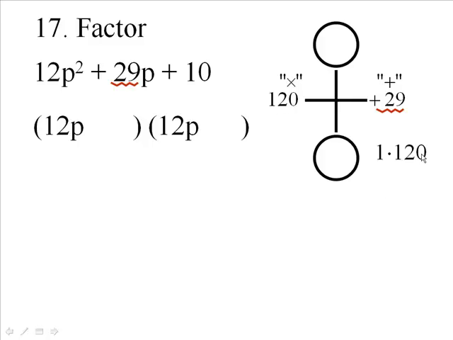Now I want to list all of the factors of 120. So 1 times 120. 2 times what? 2 times 60 is 120, isn't it? Then 3 times 40 is 120. And 4 times what? After 1, 2, 3 comes 4 times 30. Then 5 times 24 is 120. 6 times 20 is 120.